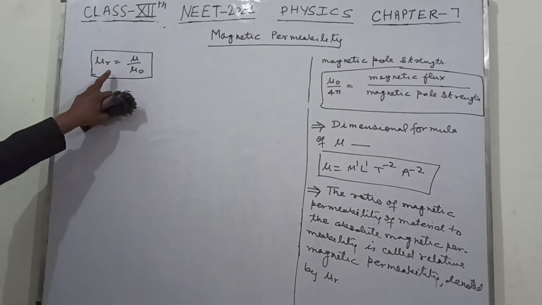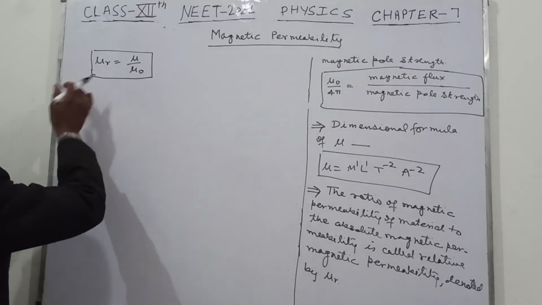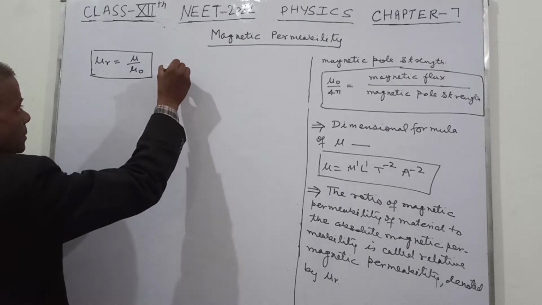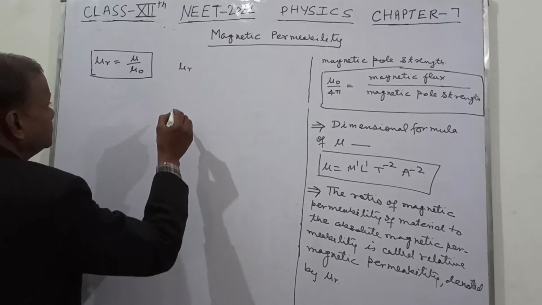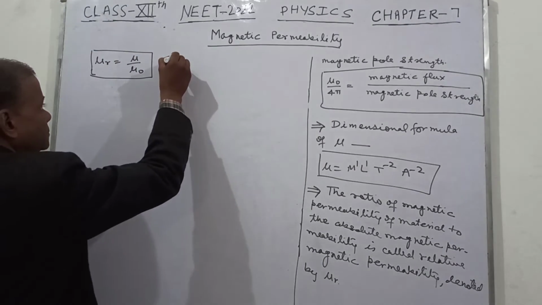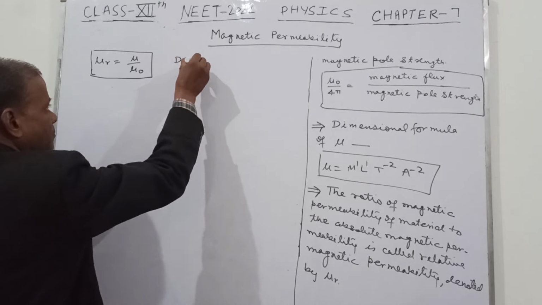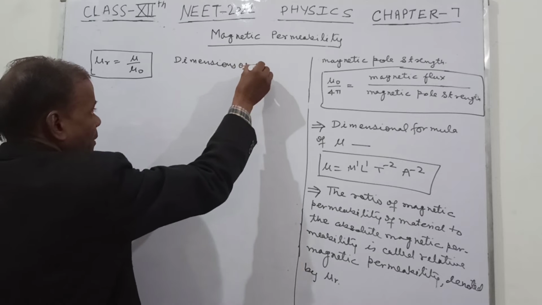Now this mu r is a dimensionless quantity because it is the pure ratio. Dimensions of mu r.